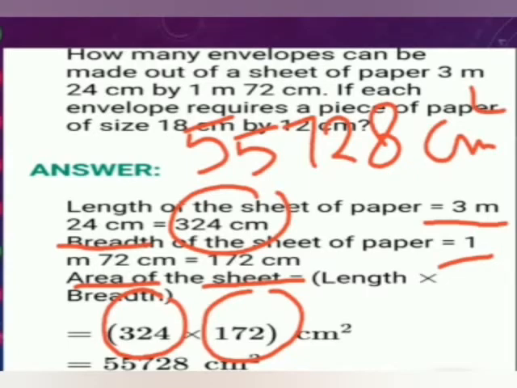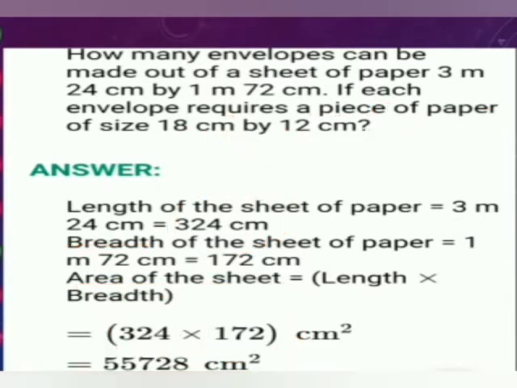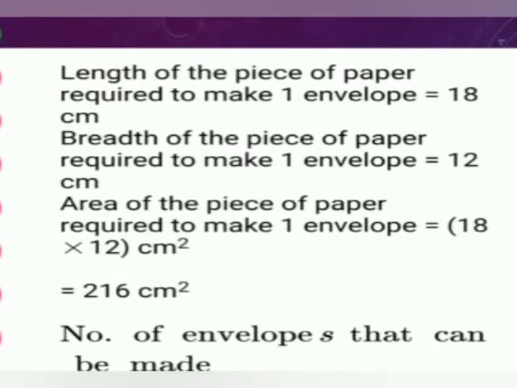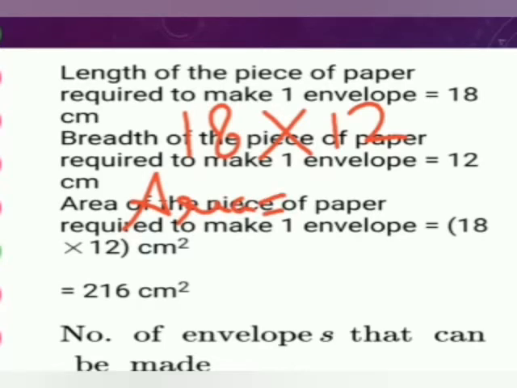Now we will calculate the area of the piece of paper which is required to make the envelope. The length is 18 and the breadth is 12, so area will be equal to L into B, that will give you 216 centimeter square.